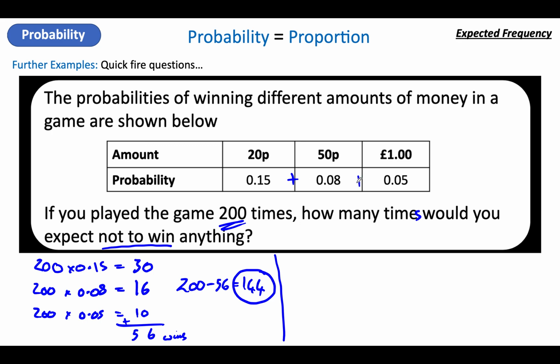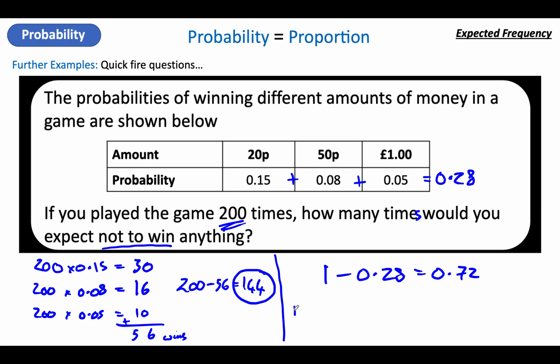Why not add up your probabilities that you've got here and see what you get? So 0.15 plus 0.08 plus 0.05 is 0.28. Now probabilities always add up to 1. So if I do 1, take away the probability of winning, what I'll be left with is the probability of losing.